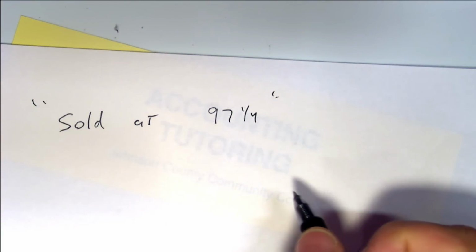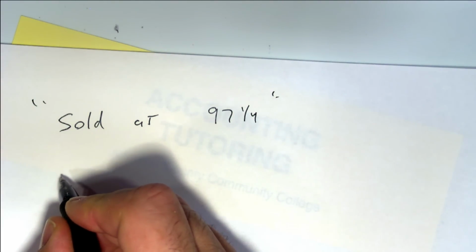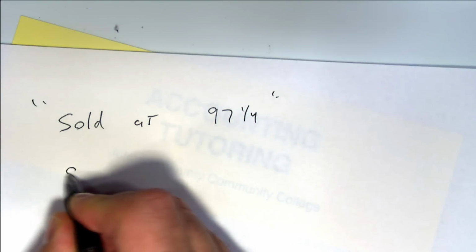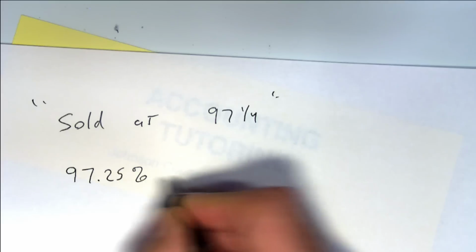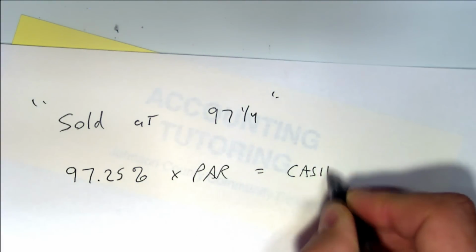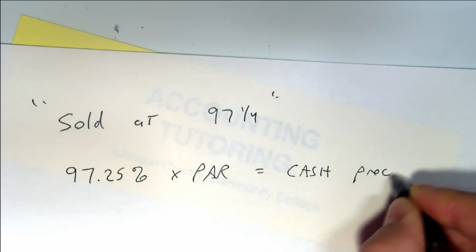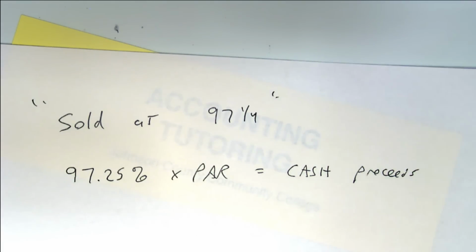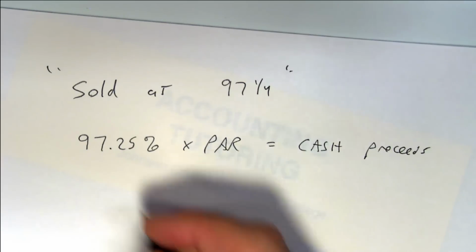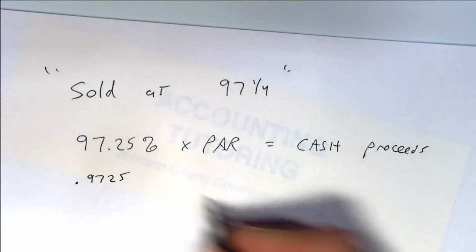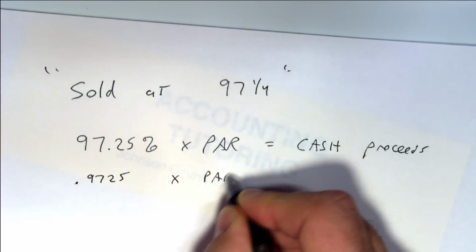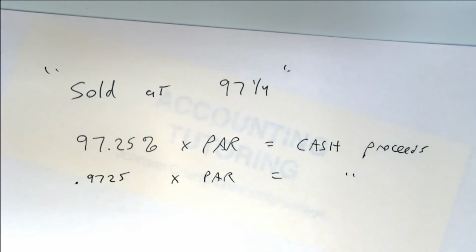That means it is 97.25% times par. That's what our cash proceeds would equal, okay? And if you punch that into your calculator, obviously it would be 0.9725 times par value to get your cash proceeds, okay?